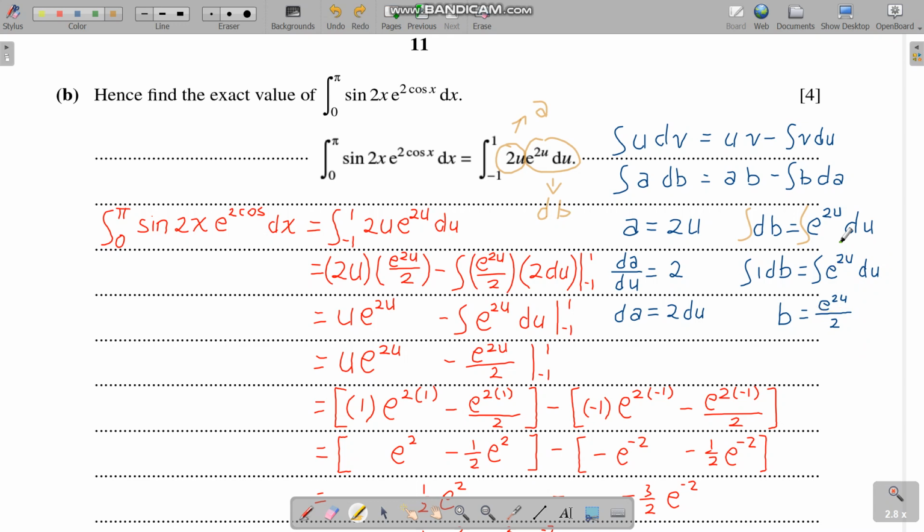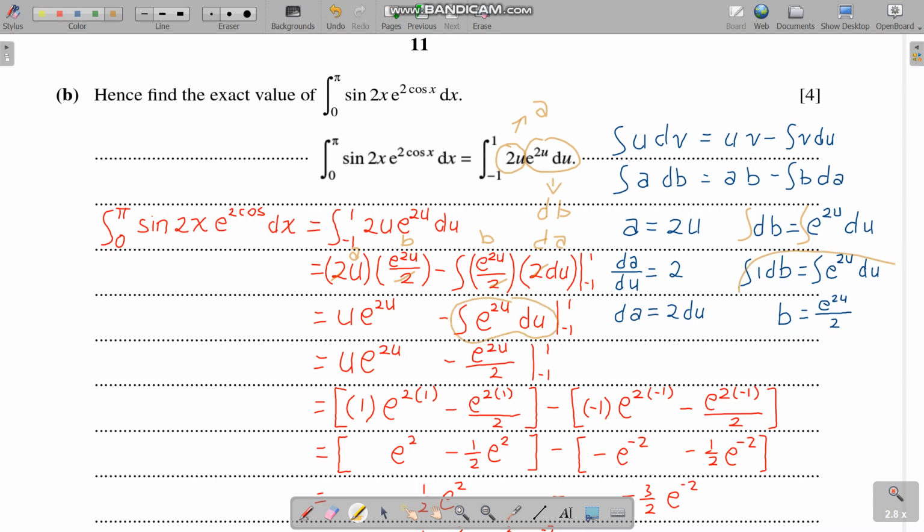So now we are ready to use integration by parts. ab, so the a is 2u, this is a, this is b, this is da. ab minus integral b da. Again, the da is 2 du. So we can cancel out the 2, and then we integrate e to the 2u du again.